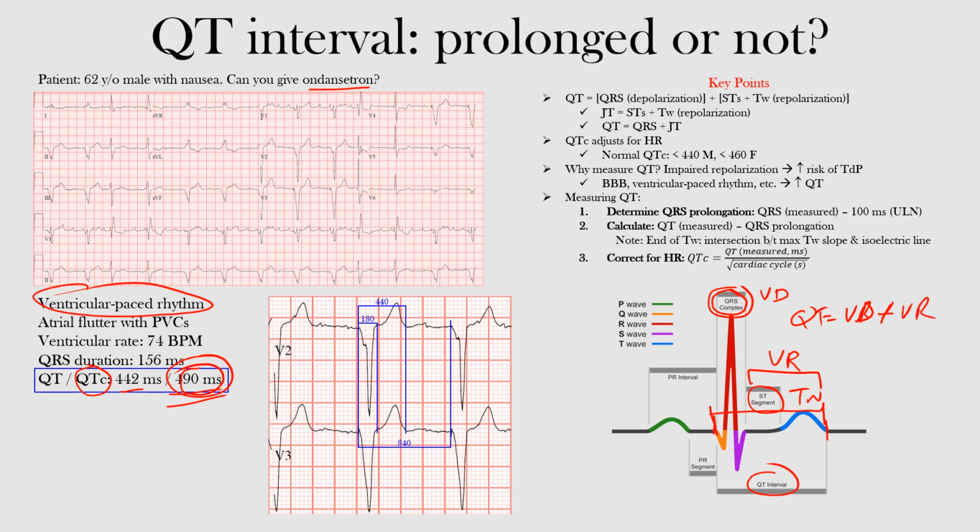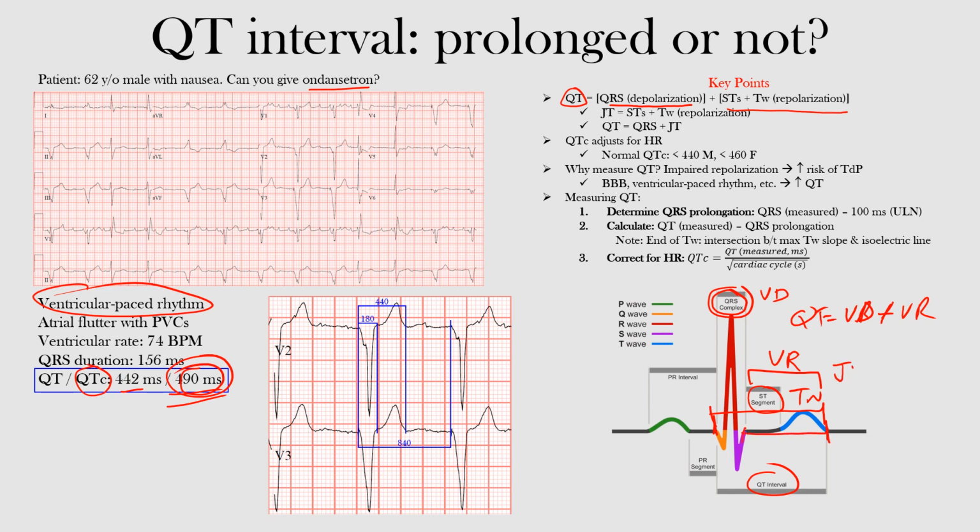Specifically, you can see that the QT interval is made up of the QRS, which is the depolarization phase of the ventricle, and then the ST segment and T wave, which is the repolarization. The ST segment and T wave are collectively referred to as the JT interval, so the JT interval is from this portion here to that.